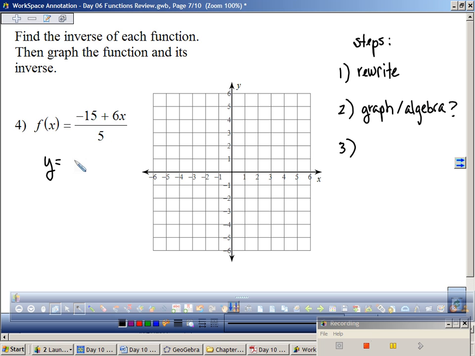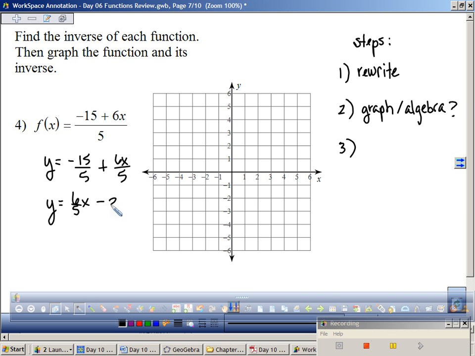So wouldn't I change this to negative 15 over 5 plus 6x over 5? Right, because I want to put it into slope-intercept form and graph it. I need to further change this then. It would be y equals what? 6/5 x, right?